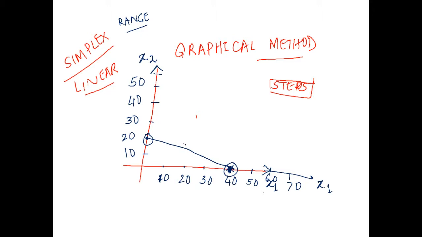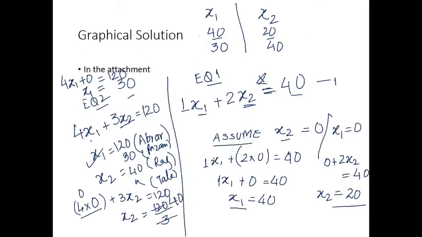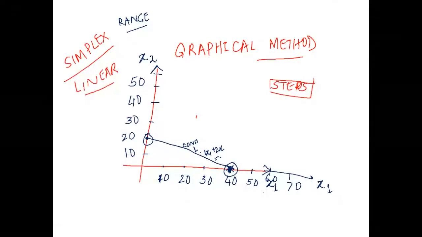This line is called the line of constraint equation number 1, and constraint equation 1 is 1x1 plus 2x2 is equal to 40.